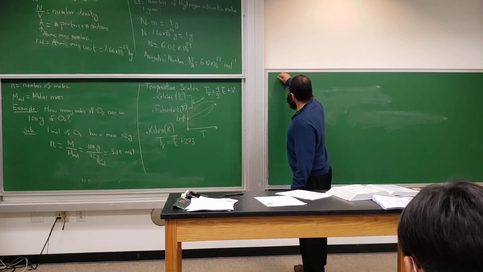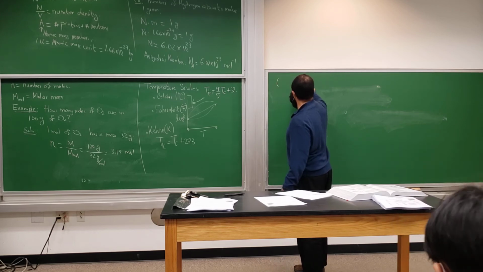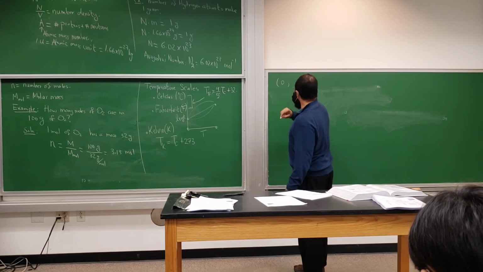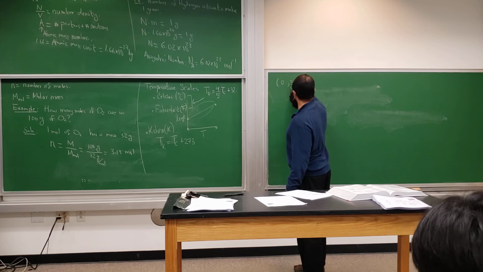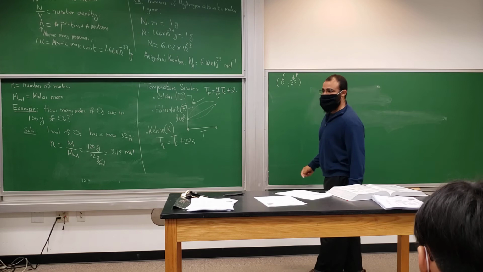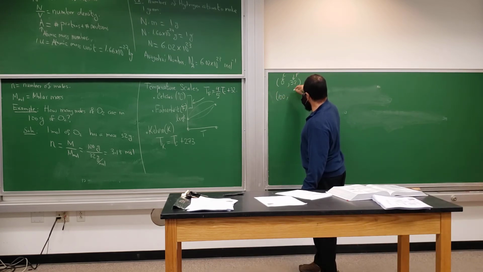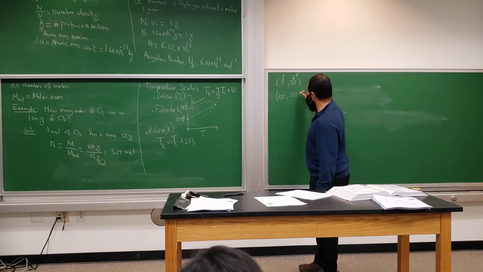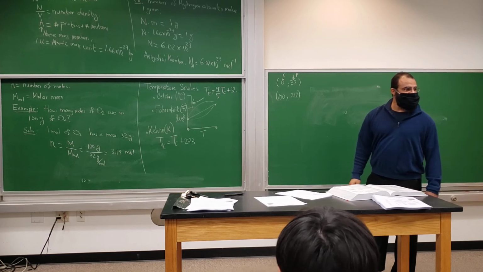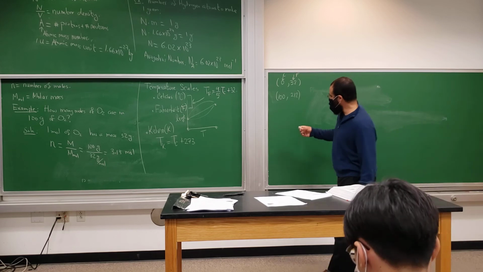So here is 0 degrees Celsius, which is the same as 32 Fahrenheit, right? This is F, and this is C. The temperature is C, and 100 is 212, right? And I want to get a relationship between the two scales.